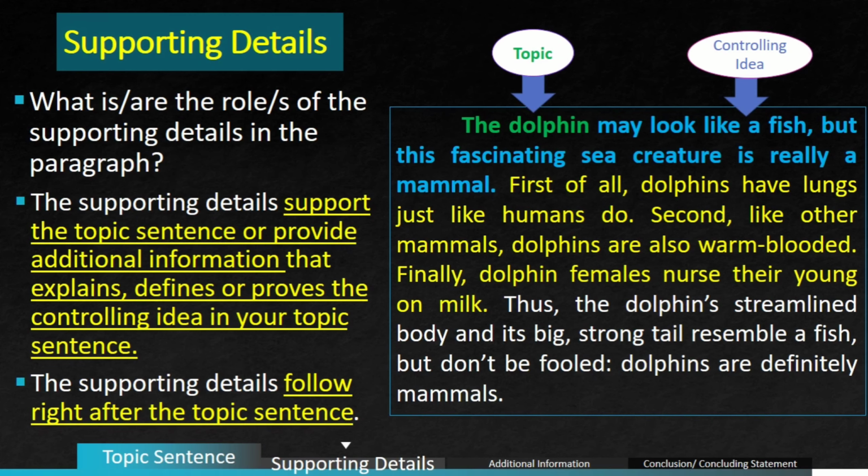So that still supports our topic sentence, which says this fascinating sea creature is really a mammal. How about the third supporting detail? "Finally, dolphin females nurse their young on milk." Do you think this one is a supporting detail to our topic sentence?